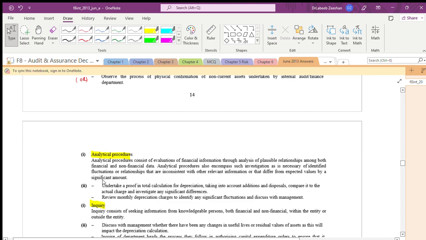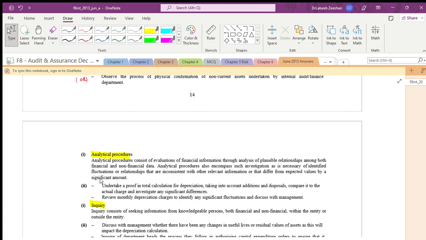What do they say? Analytical procedures. What are analytical procedures? The moment you talk about analytical procedures, you look at the additions, the deletions, the depreciation, what happened in the current year and what happened in the previous year.